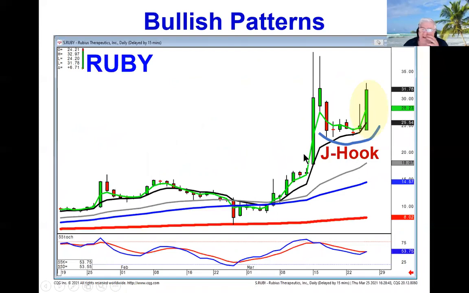And this is a major advantage of having a chat room where everybody's looking for the same patterns. Today, our chat room recognized that Ruby was trading stronger, creating a J-hook pattern. This has a high probability of wave 1 and wave 3 being the same magnitude.